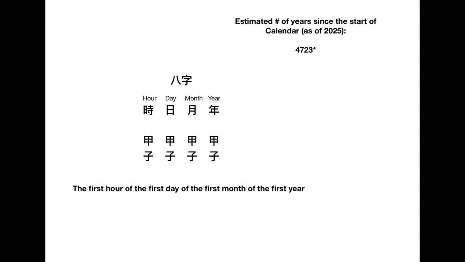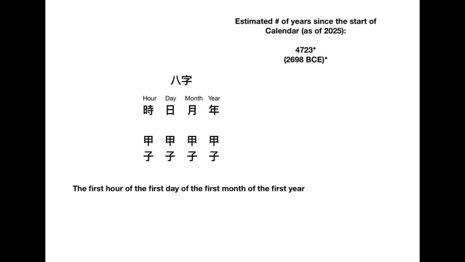And the actual Chinese calendar year as of 2025 is estimated to be 4,723, which means that the calendar actually is said to have started around 2698 BCE. Now you'll notice that I've put a little asterisk beside that, and there's a reason for that.